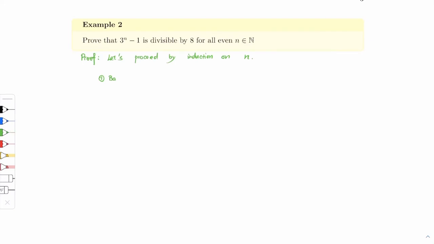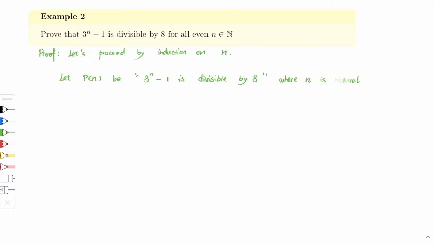In this case, I'm just going to define my P(n) so that my life is easier later. Let P(n) be: 3 to the n minus 1 is divisible by 8, where n is an even natural number.